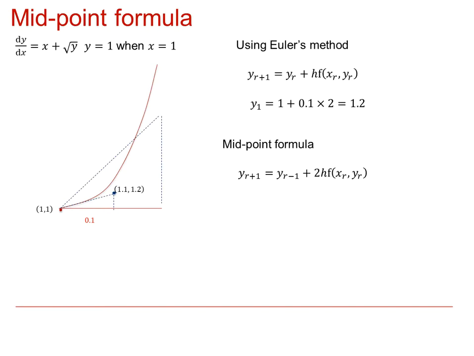In the previous video we saw that if we had this particular differential equation here, where dy by dx was x plus root y, and we had a known point x0, y0 at 1, 1, then Euler's method gave us the second point x1, y1 as being 1.1 and 1.2.